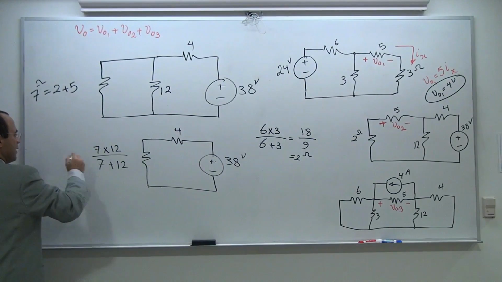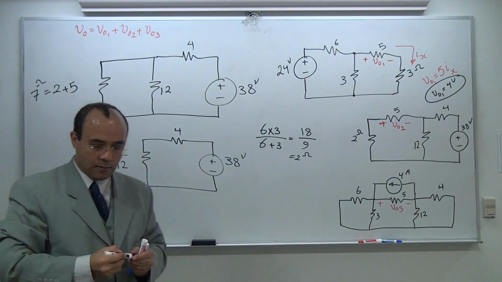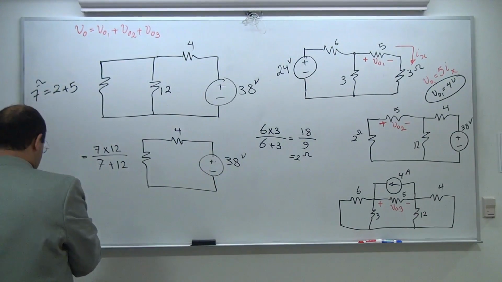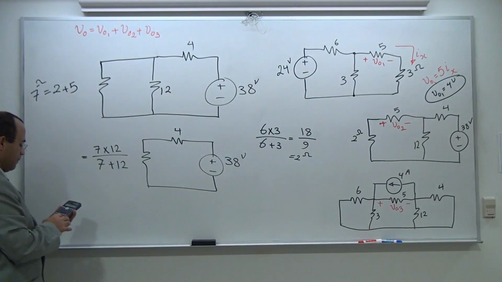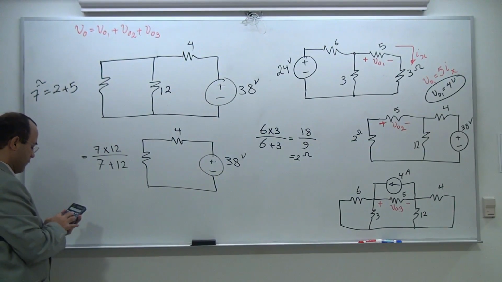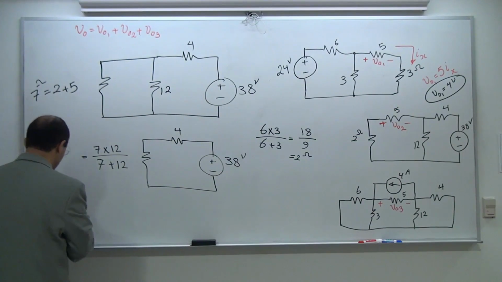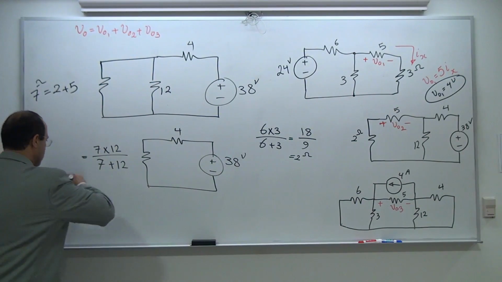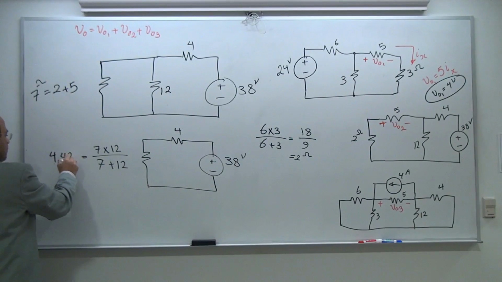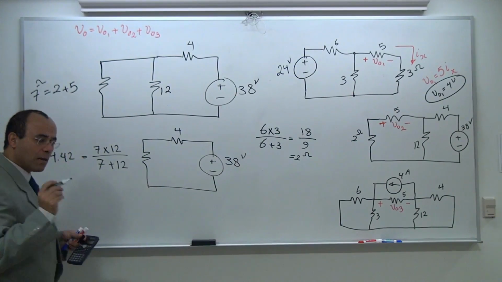Let's see how much this is. 7 times 12 divided by 7 plus 12 is going to be 4.42.